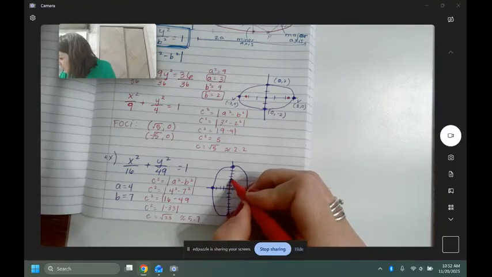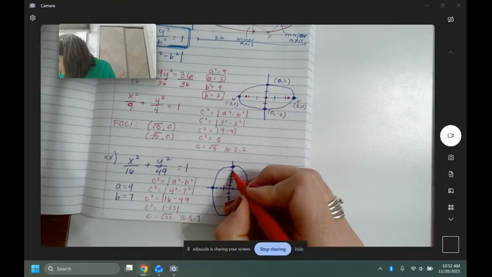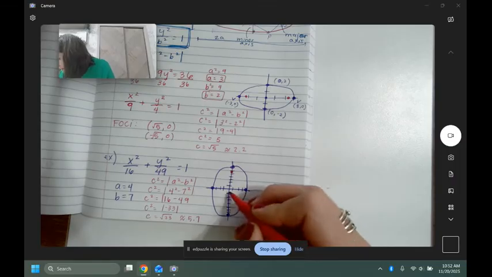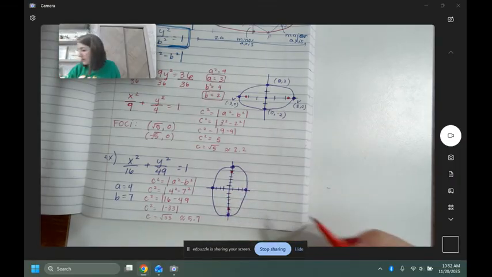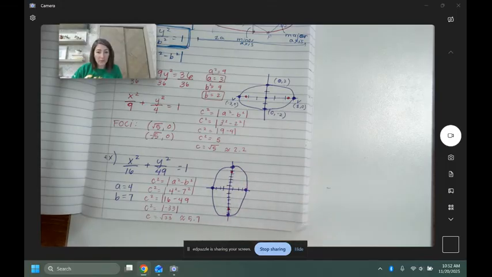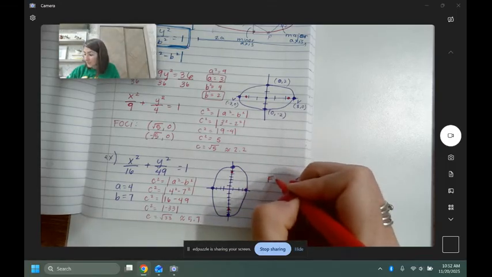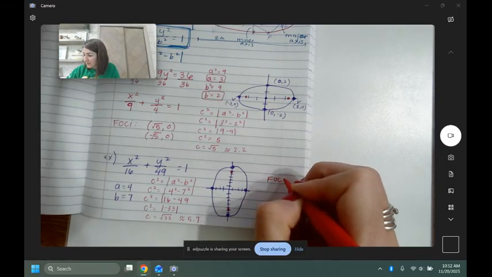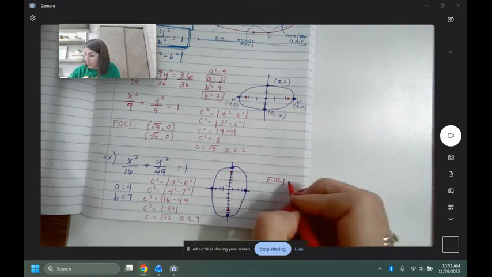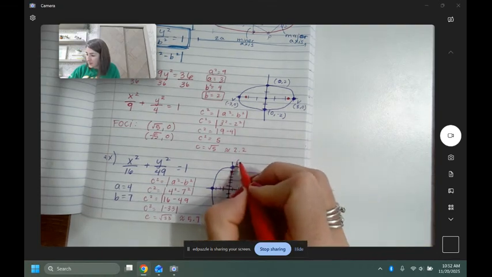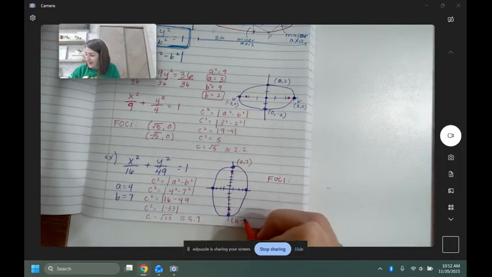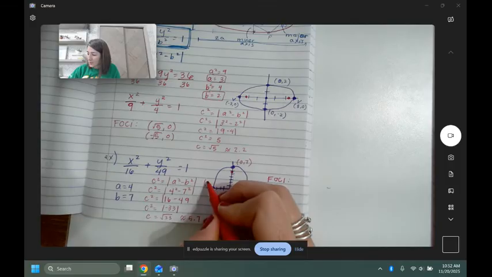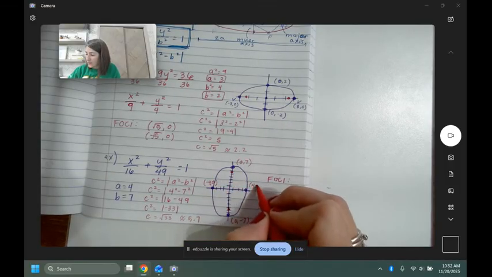So 1, 2, 3, 4, 5.7-ish. It'll be right there. And 1, 2, 3, 4, 5.7-ish. Be right there. Those are your two foci. So to define those points, this is the point 0, 7. This is the point 0, -7. Over here, we've got -4, 0, and 4, 0.